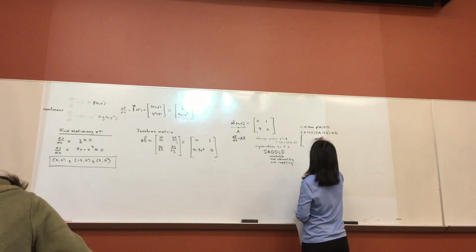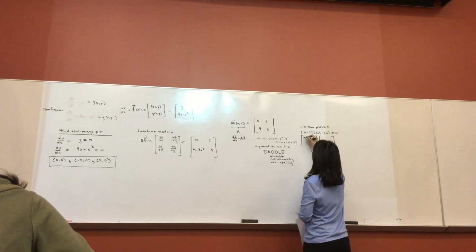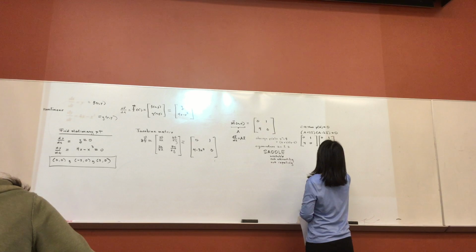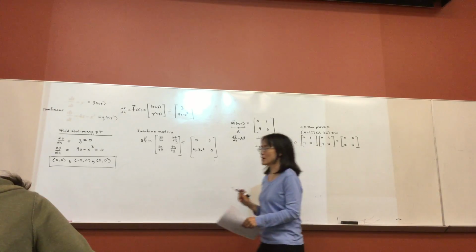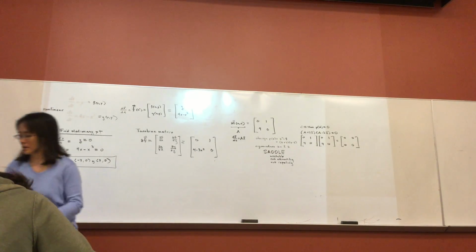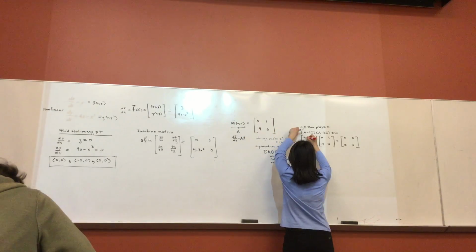Just go ahead, write this down. So we have [0, 1; 4, 0] times [0, 1; 4, 0] equals [0, 0; 0, 0]. Okay? So let's go ahead and stick this in. So this is plus 2I, so plus 2.